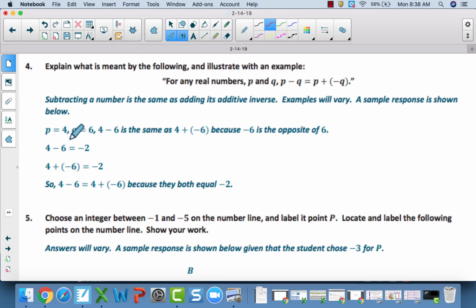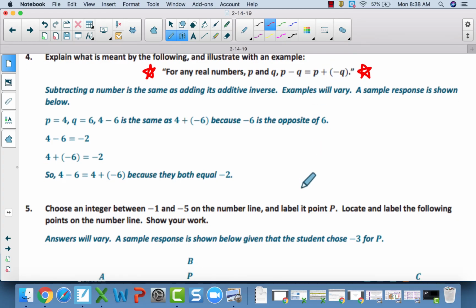So an example here, if P is 4 and Q is 6, 4 minus 6 is the same as 4 plus -6 because -6 is the opposite of 6, okay? But this is essentially our subtraction rule written out in mathematical terms. P minus Q, or subtracting two numbers, is the same as keeping the first number the same and adding the opposite of the second number.